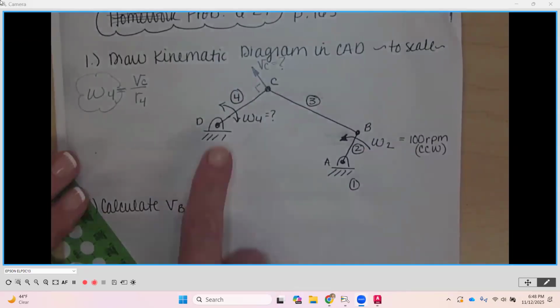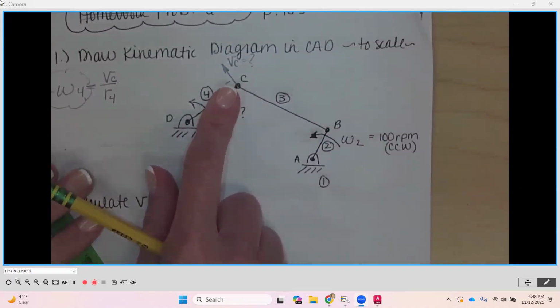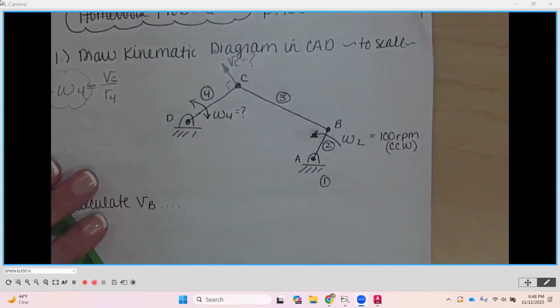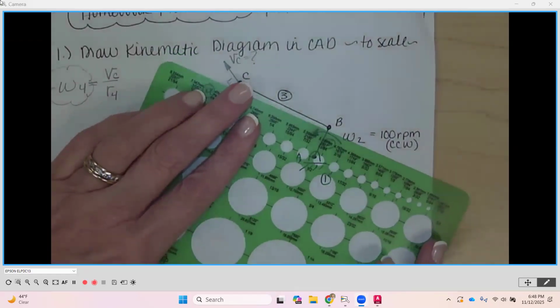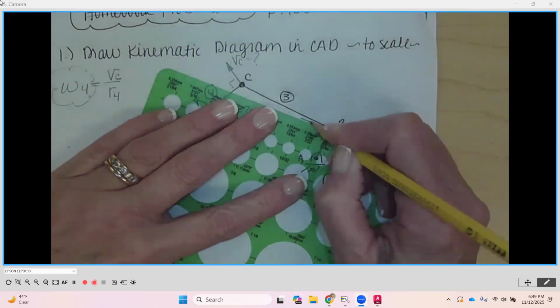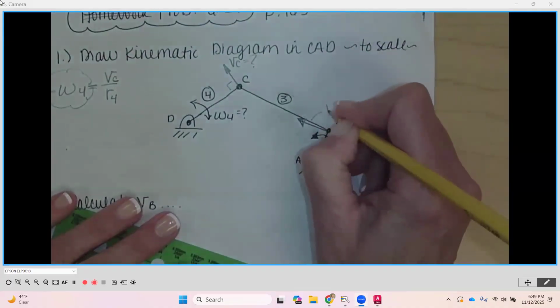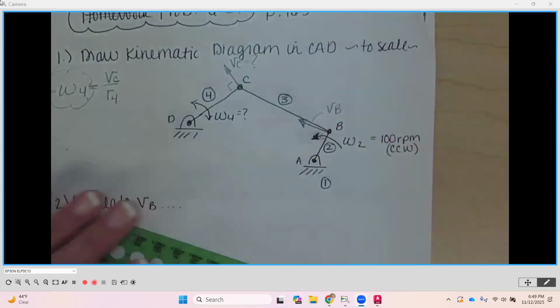Now, as long as we're here, to get our velocity of C, it's going to depend on our input over here, right? So we can imagine that our velocity at B we'll be able to figure out because it'll be perpendicular to that link.